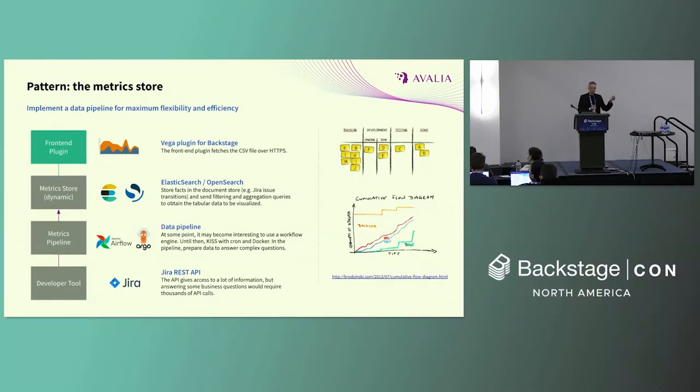The Jira API gives you the ability to query and to obtain the list of transitions between the states of the tickets, of the issues, but you definitely need to do some processing if you want to compute the chains. So it's a good example for a process where you need to have this decoupled pipeline.